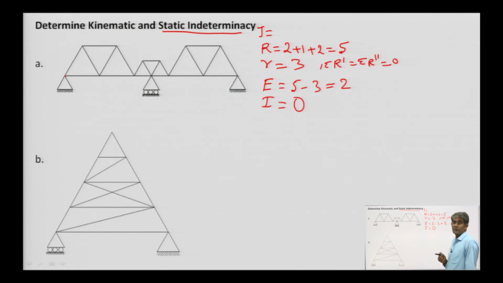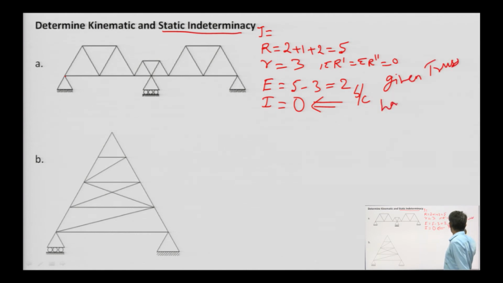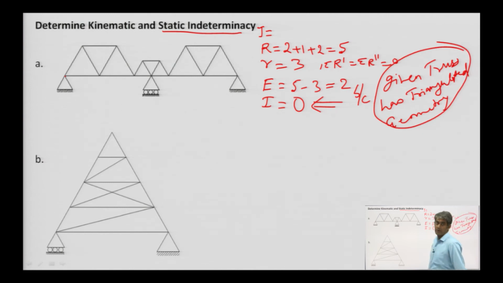Without any calculation. Why is it so? Because the given truss has triangulated geometry. That is why its value is 0.